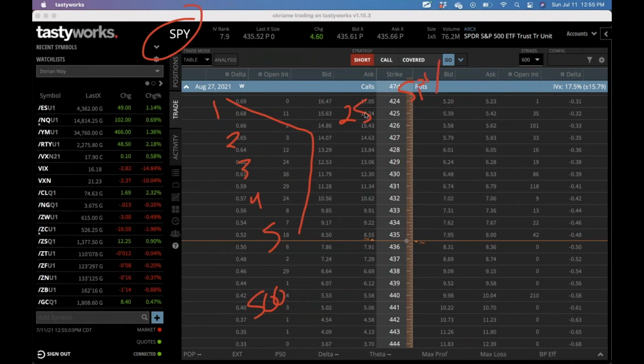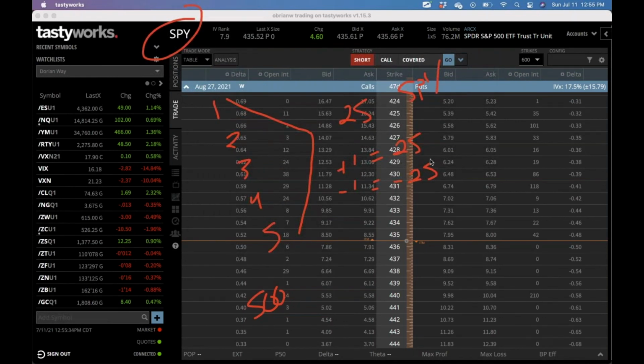What that would mean is that every time the SPY went up $1, you would make $25, and every time it went down $1, you would lose $25. So it gives you an indication of how your portfolio would act based on the broad market, the S&P 500. That's a basic understanding of how you beta weight your portfolio to a certain index.